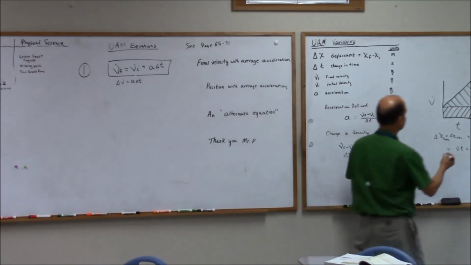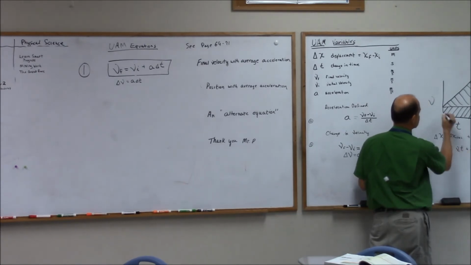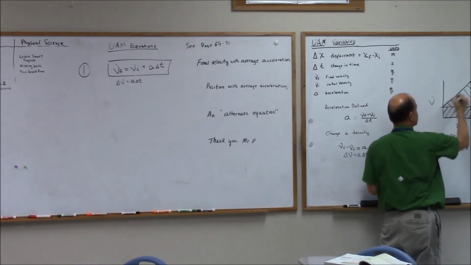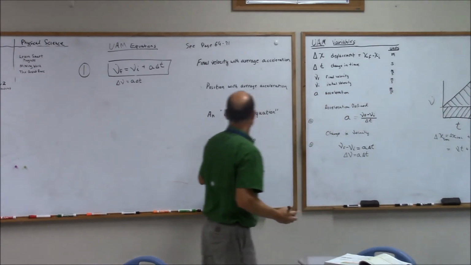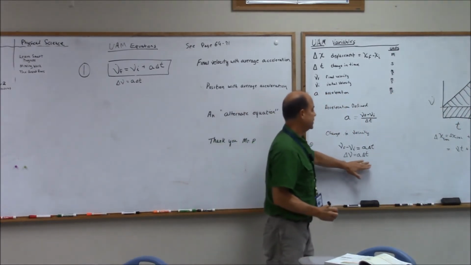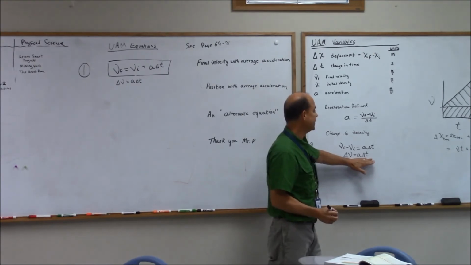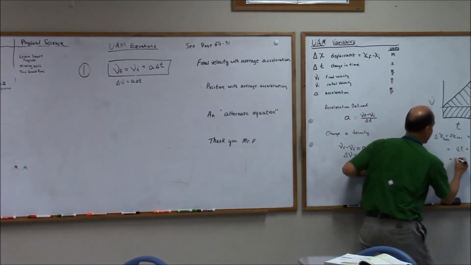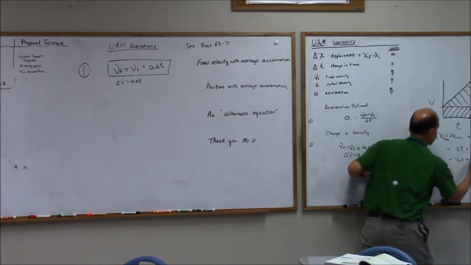So this would be the velocity associated with this, and this would be the changing velocity associated with that. Here's where it gets a little bit weird. I'm going to plug in a delta t for this v right here and write this equation like this.